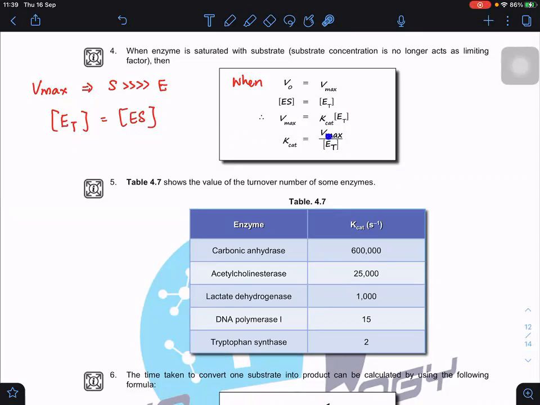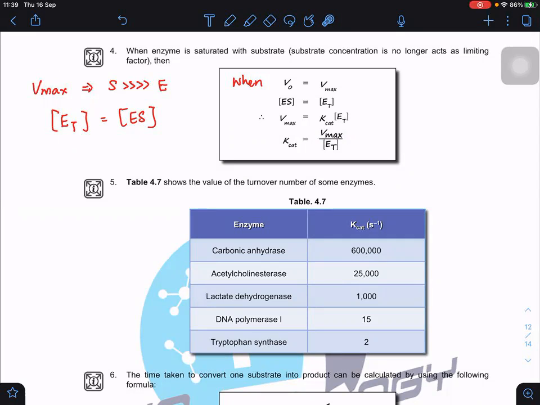Once we have the Vmax value, then we know the enzyme that we put in. The total enzyme that we put in, then I can calculate the KCAT value now. Are you clear? Once I have Vmax. So what is ET? T stands for total, so total enzyme. For example, initially I add in 100 units of enzyme, and when Vmax takes place, all my total enzyme will become ES complex.